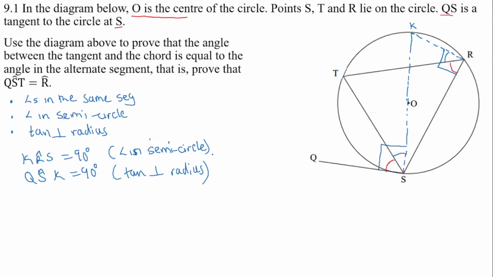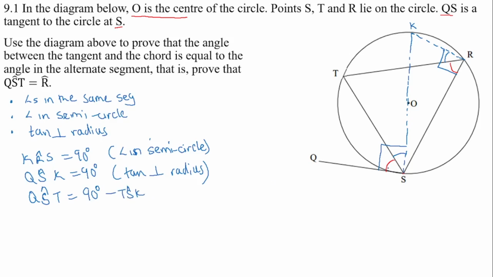So these two angles are equal, but also we talked about angle TSK and angle TRK. But what about the right angles? How can you find right angles from what we have here? Right, angle QST is equal to 90 degrees minus angle TSK, isn't it?